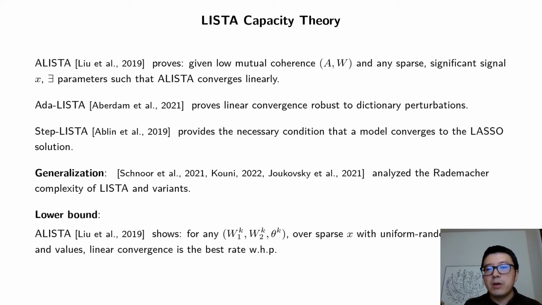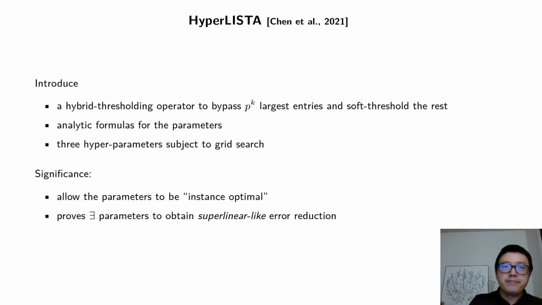In other words, for most such sparse signals, you're not able to get, in particular, superlinear convergence, because you use one set of trained network parameters for a fixed A matrix, but varying sparse signals. And once you do it for all sparse signals, you can't do better than linear convergence. And this is what the theorem says.